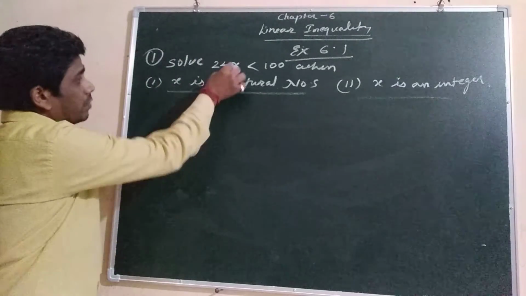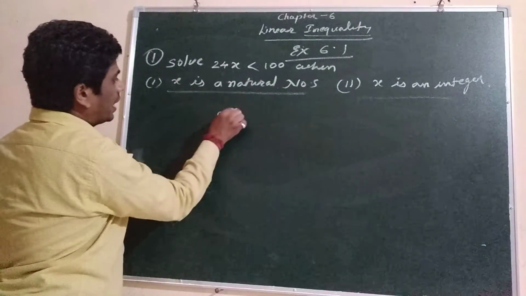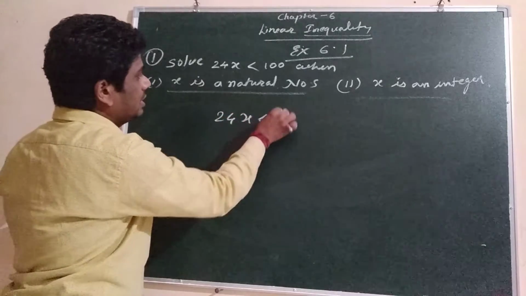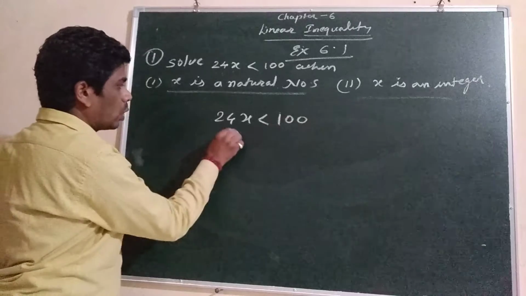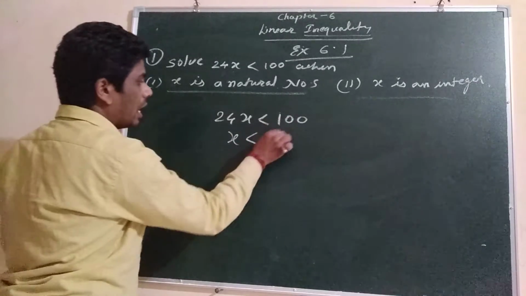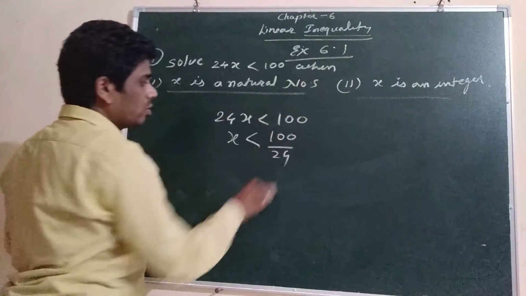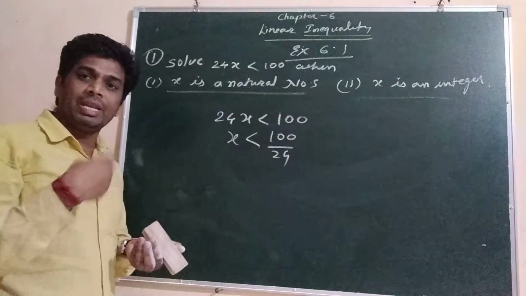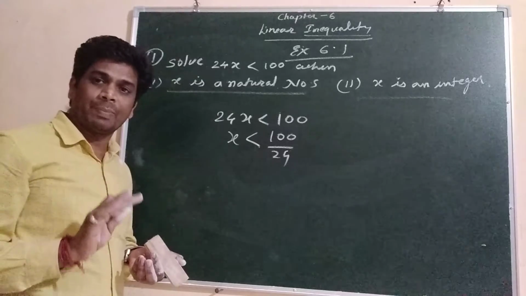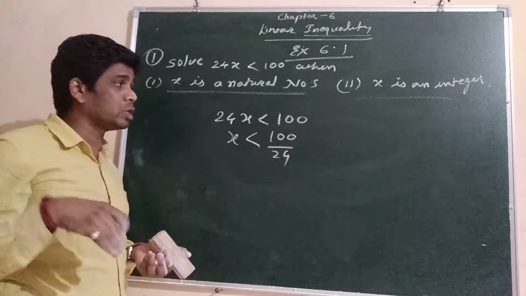First we will simplify this. 24x is less than 100 is given. Now we will divide, so x is less than 100 by 24. You know that by any positive value we can divide or multiply.